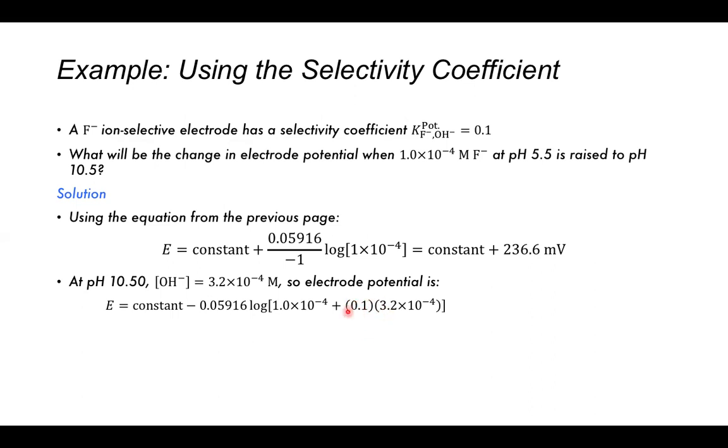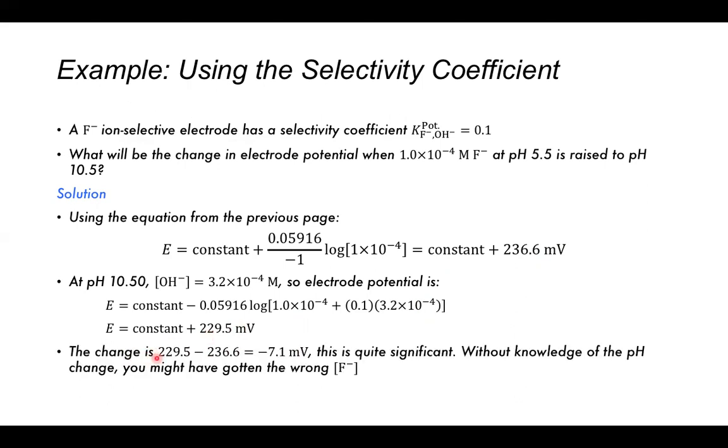So really it's not much, but, well, it's not that it's not much. It's about 32% of this value. So a reasonable amount, I suppose. So then that will change this: E is equal to a constant plus 229.5 millivolts. So that's changed from this to this at pH 10.5.